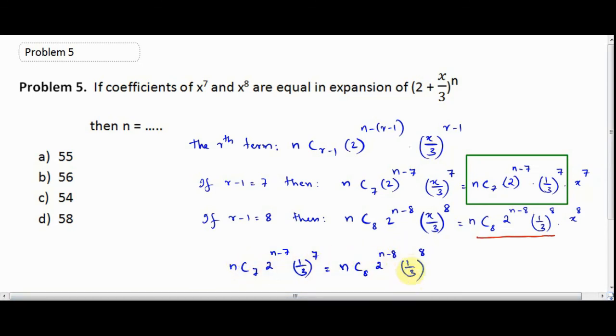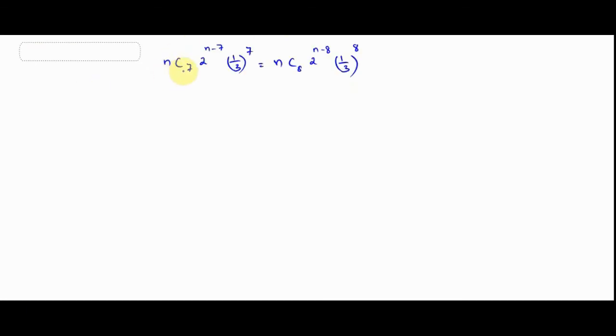Let's see how to do that. What we have is nC7 into 2 raised to n minus 7 into (1/3) raised to 7 equal to nC8 2 raised to n minus 8 into (1/3) raised to 8. nC7 may be written as n factorial divided by 7 factorial into (n minus 7) factorial.